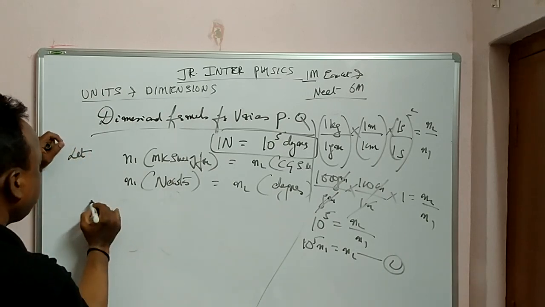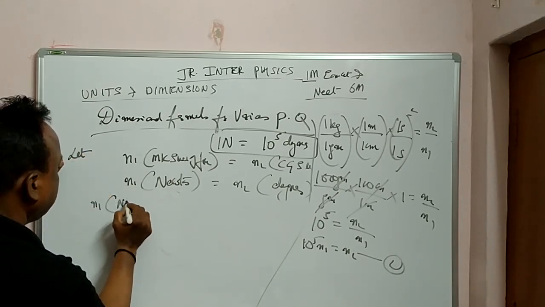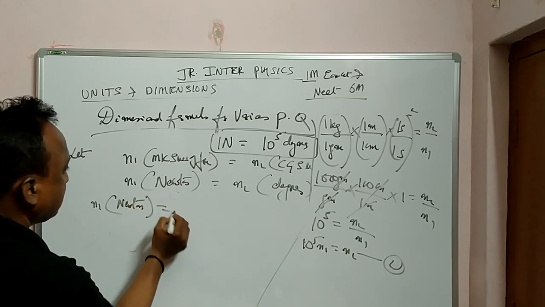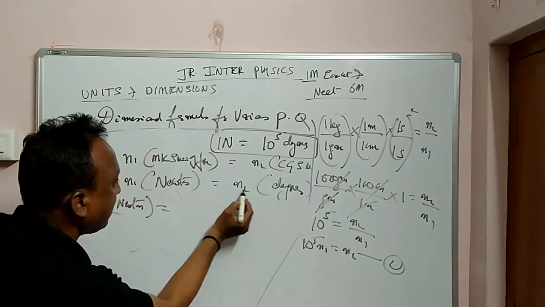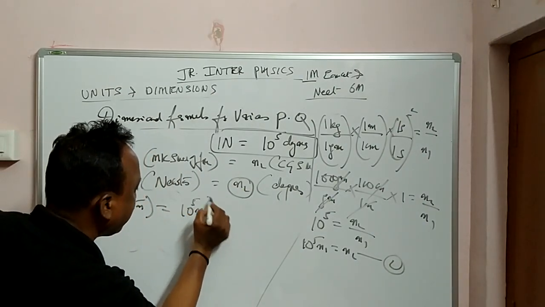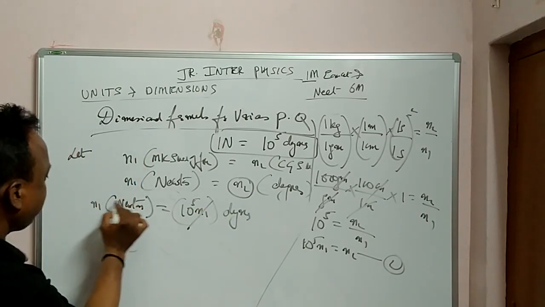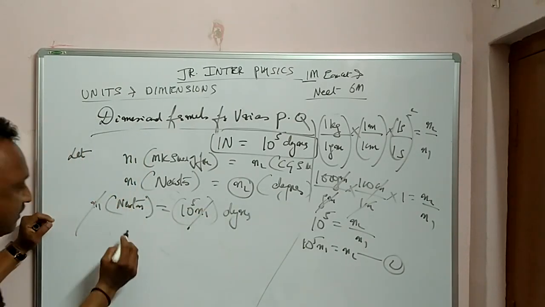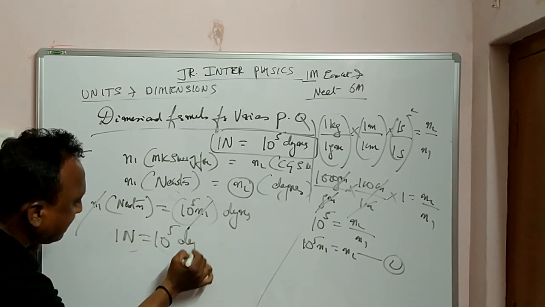So I will substitute here N1 into Newtons. What is N2 from here? 10 to the power of 5 N1. So in the place of N2 I will write 10 to the power of 5 N1 into bracket, dynes you are having. Now N1 cancel. What is left over? 1 Newton. So 1 Newton is equal to 10 to the power of 5 dynes.